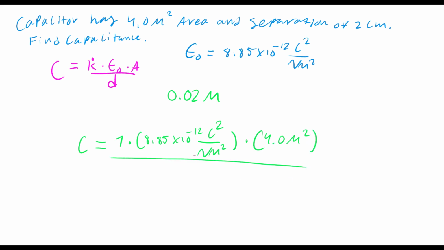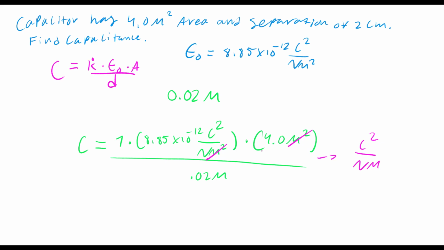Divide this by what? By the distance of 0.02 meters. Notice that the meter squared cancels with the meter squared, and we're given Coulomb squared over Newton meter. Okay, so Coulomb squared over Newton meter, and what do we have?